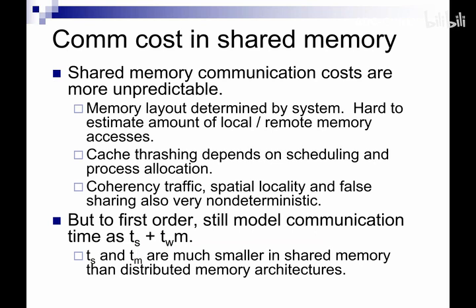However, the difference in the shared memory setting is that both of these values, TS and TW, are going to be much smaller than in the distributed memory architecture, just because the shared memory system is usually much smaller than the distributed memory system, so your data doesn't have to travel as far. So it's easier to start up a data transfer, and it's also faster to transfer all the data.